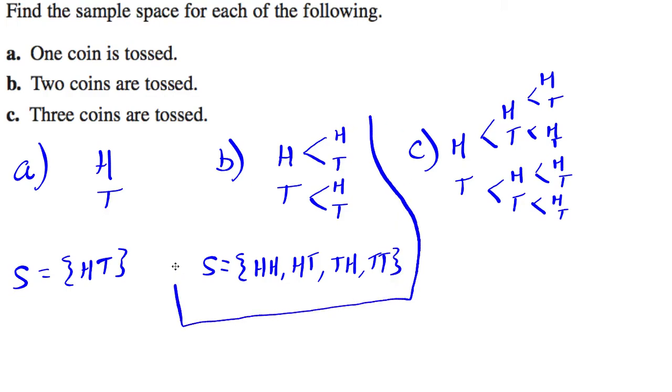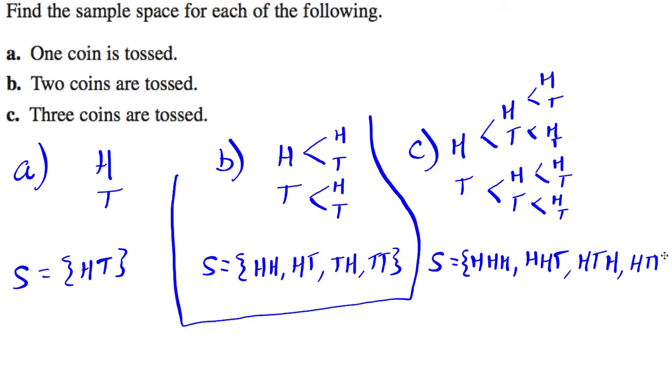And then for C, the sample space is heads heads heads, heads heads tails, heads tails heads, heads tails tails, tails heads heads, tails heads tails, tails tails heads, and tails tails tails.